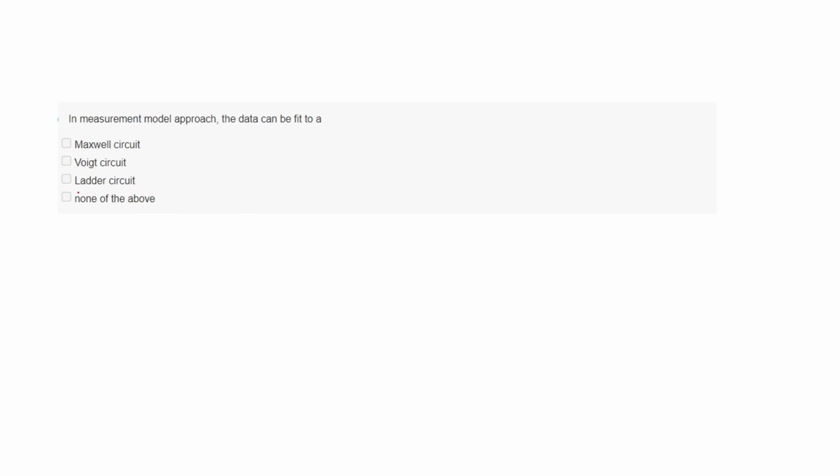All of them, Maxwell circuit, Voigt circuit, and ladder circuit. Correct. It's Maxwell, Voigt, and ladder.